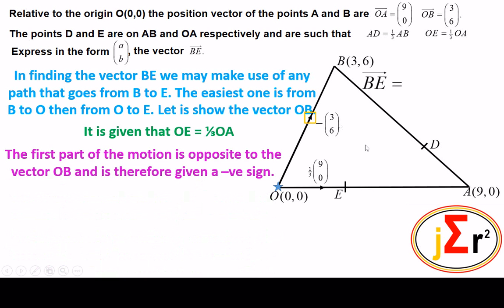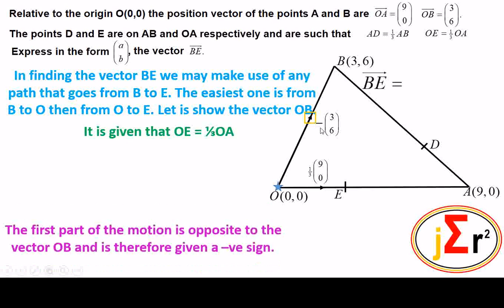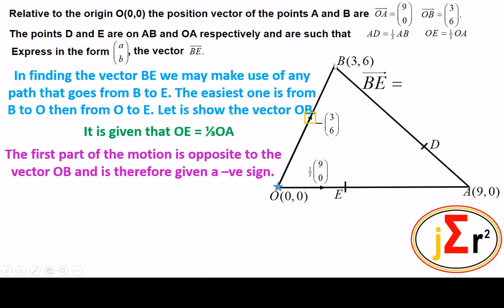Now, because it is in the opposite direction of OB, the inclusion of OB is given a negative sign because the movement is in the opposite direction of OB. Right, so the inclusion of OB is accompanied by a negative sign because the motion is in the opposite direction to OB.